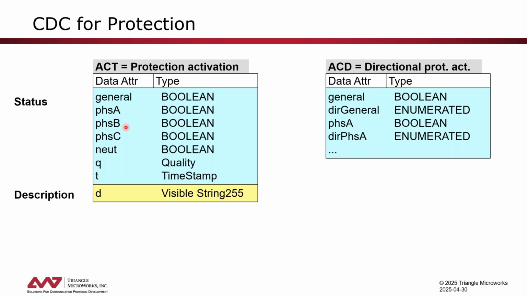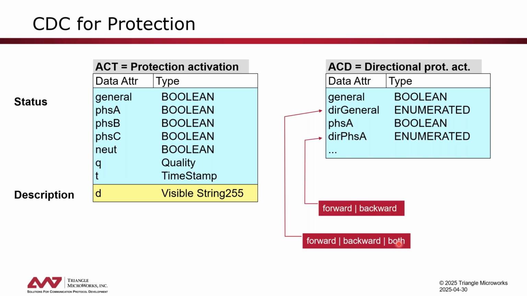So it has the same booleans for each of these phases and the general, but then for each of those, it also has direction information, which for the general can be: I saw a fault in the forward or in the backwards direction, or for the general in both. For the phase specific, it can only be forward or backward.